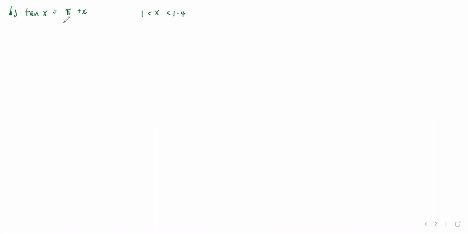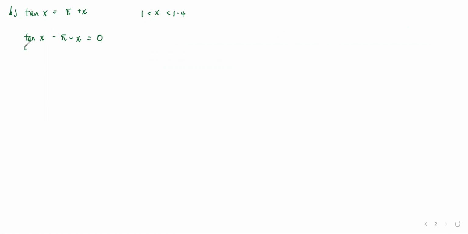What we can do is move everything over to the left. We rearrange this equation so that tangent x minus pi minus x equals 0.